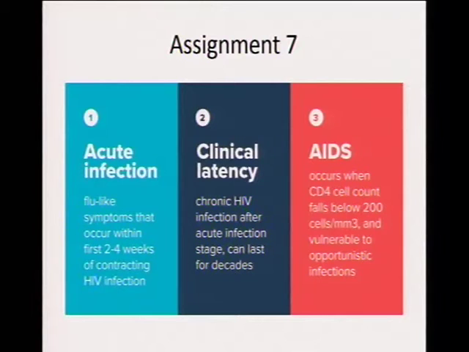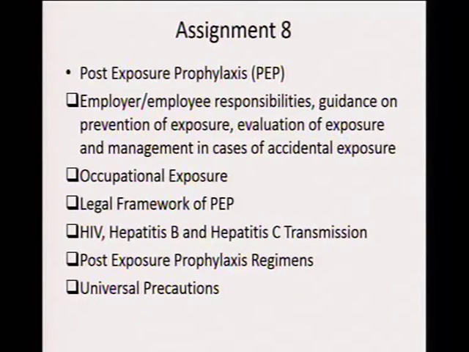The longer you stay without any treatment, you can reach the 3rd stage, which we call the AIDS stage, where your CD4 count is way below normal, and you become very vulnerable to opportunistic infections. So those are the 3 main stages. But in your research, discussion and analysis, you have to discuss this in detail with a practical example.